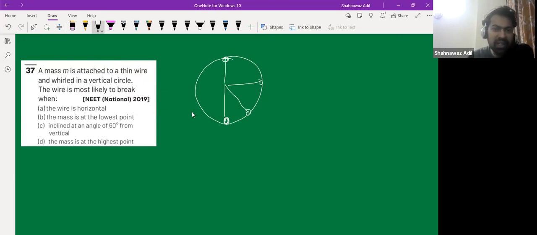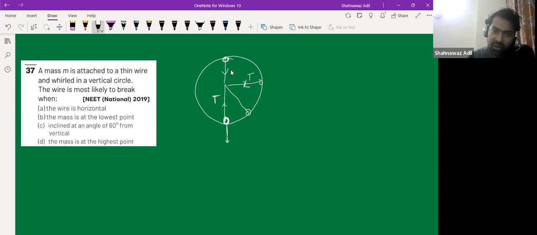So what can break the wire? This wire is experiencing some force in this direction, and then it is experiencing this force in this direction. So mg is fixed. Mg will always be fixed, only the tension is changing, guys.